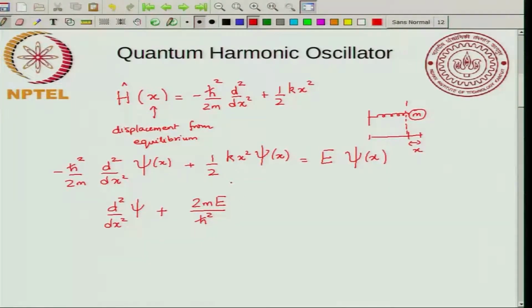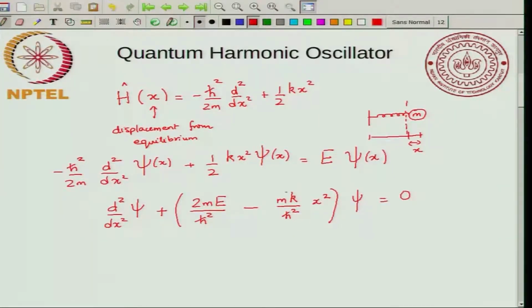When I multiply out this 2m by h bar square, what I get is minus m k by h bar square x square, this whole thing multiplying psi, equal to 0. I just rewrote the equation in this form.